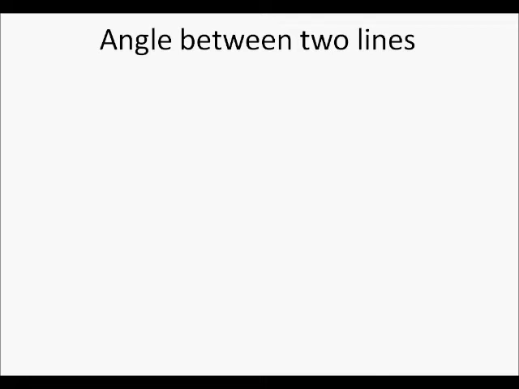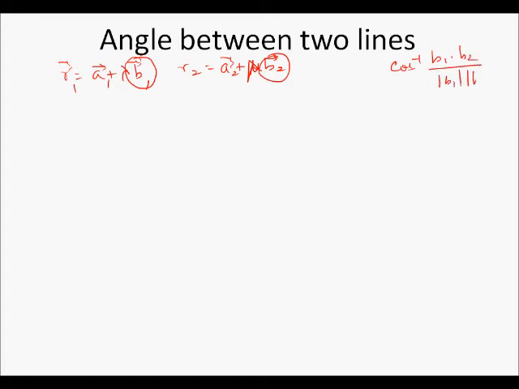If I have a line R1 equals A1 plus lambda B1, and R2 equals A2 plus mu B2, the angle between these two lines would be the angle between B1 and B2, or in fact cos inverse of B1 dot B2 over modulus B1 modulus B2. We use the modulus sign here.